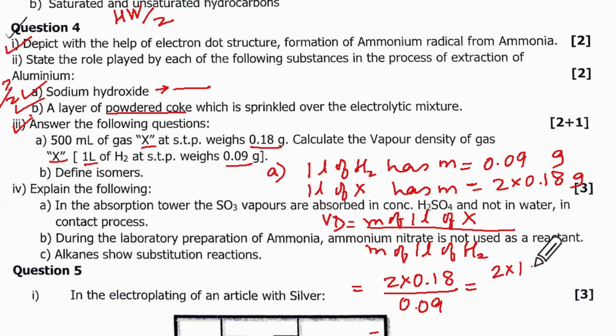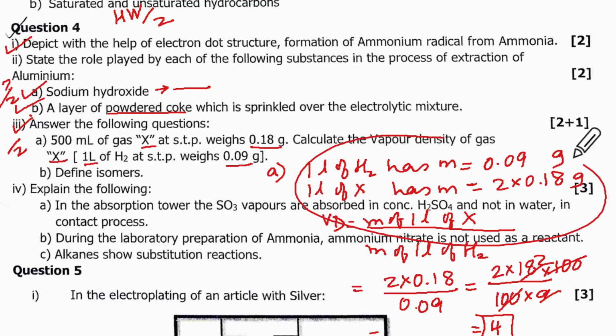So 2 into, be very careful with the decimal places. So that would be your answer. If you got that, this will be 2 out of 2. If you have not understood this part, just give yourself 0.